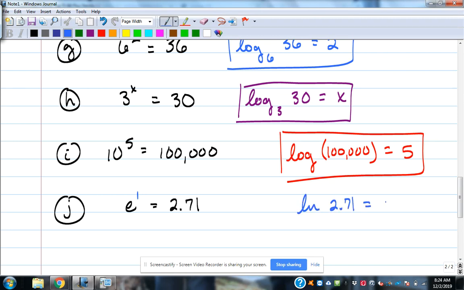Log base e and natural log are the same thing. You want to write it as ln, natural log. And this will come into play tomorrow. We start solving some equations, and being able to rewrite them as an exponential or a log can make the problem a lot easier.